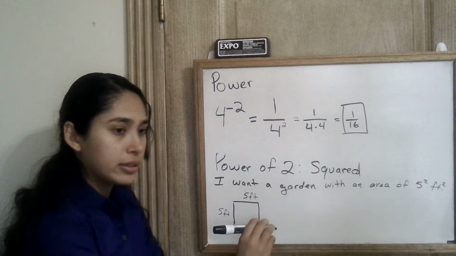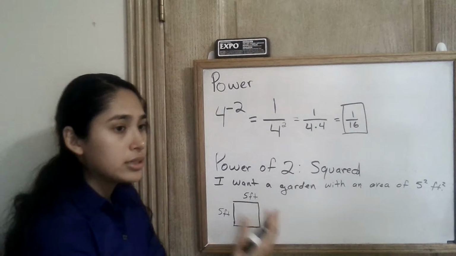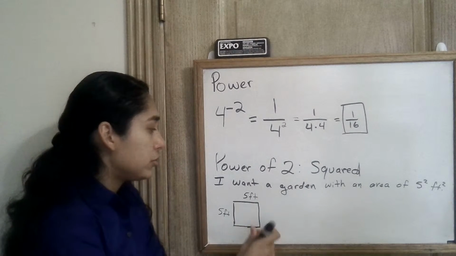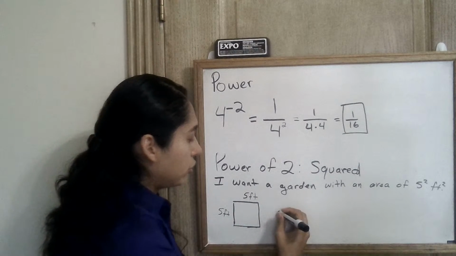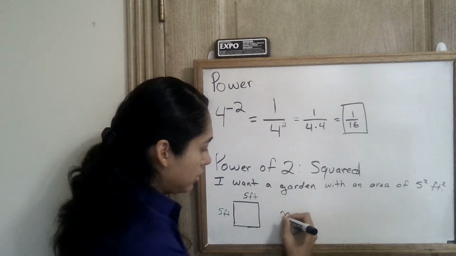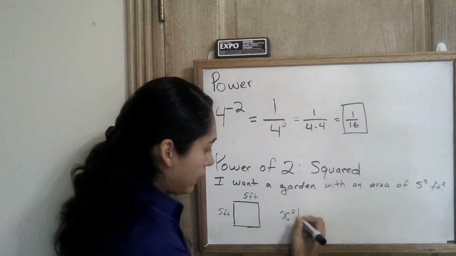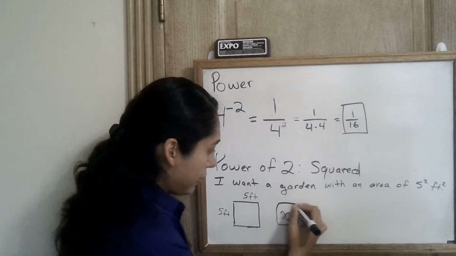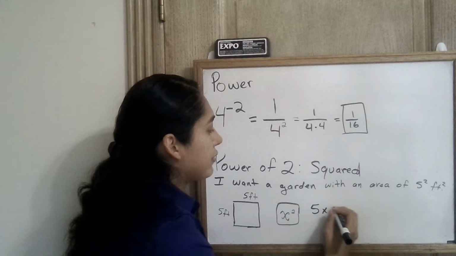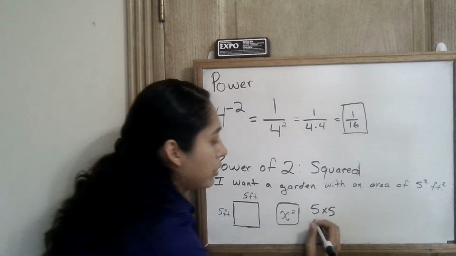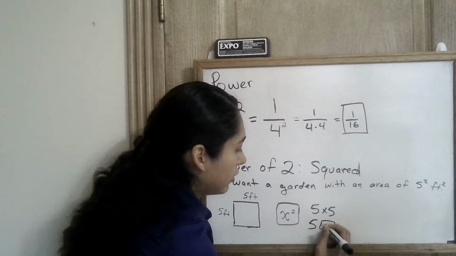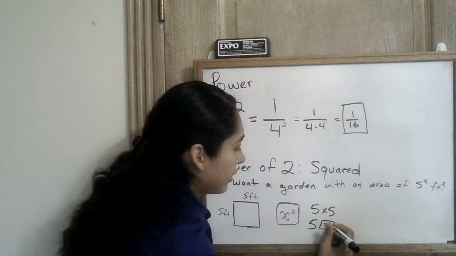So in some scientific calculators, like the Texas Instruments or even some Casio, you might see a little button that looks like this. So instead of typing in 5 times 5 in the calculator, you could punch 5 and then punch in that curly x to the power of 2.